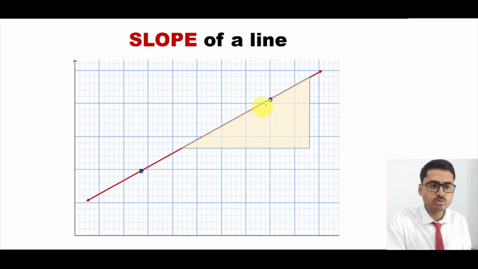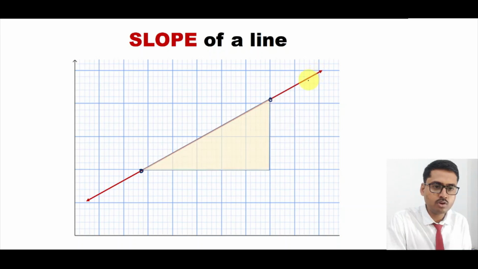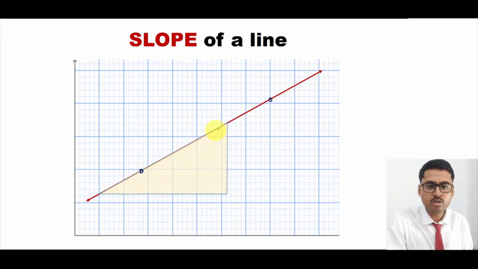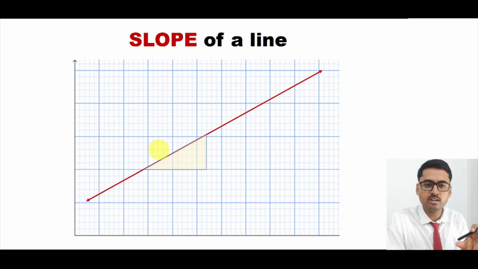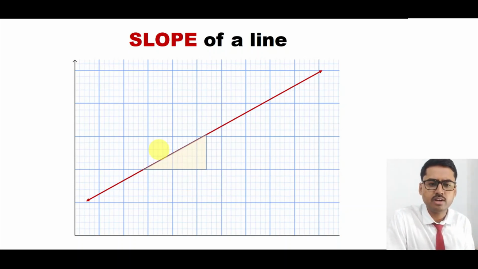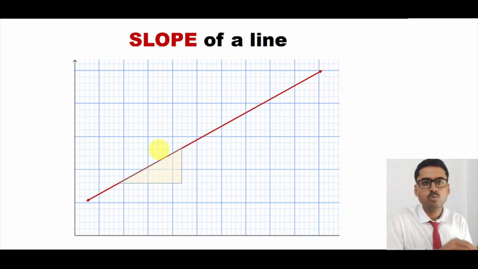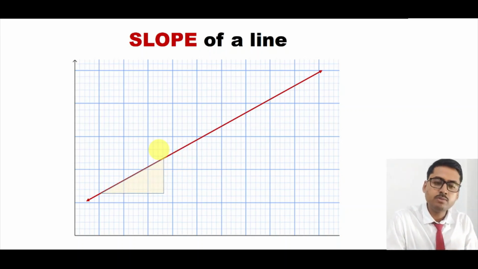You can choose any point above or below, but the values should be clear to you. You can also take a small triangle or a bigger triangle, both are fine. The answer will be the same no matter whether you take the small triangle or the big triangle. We will prove this in the questions.